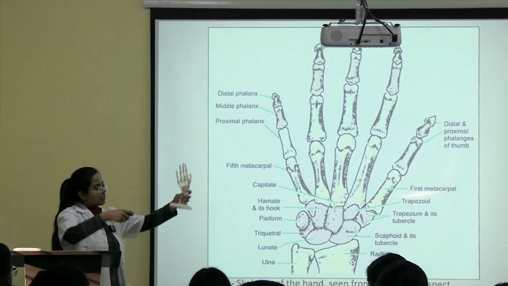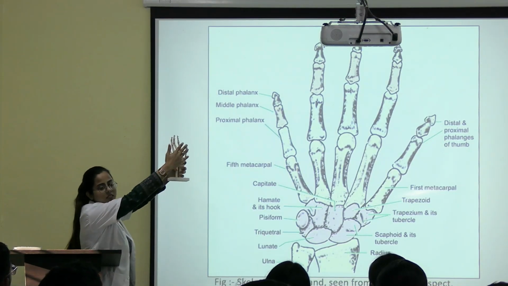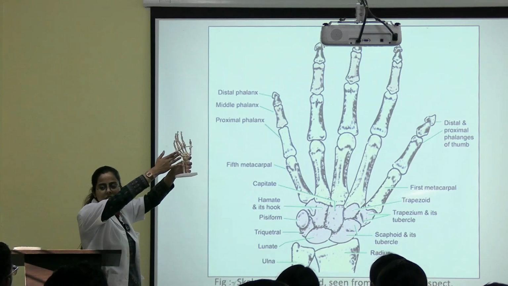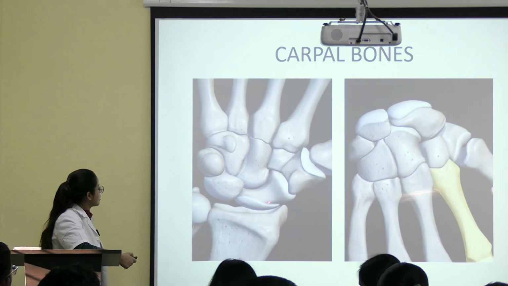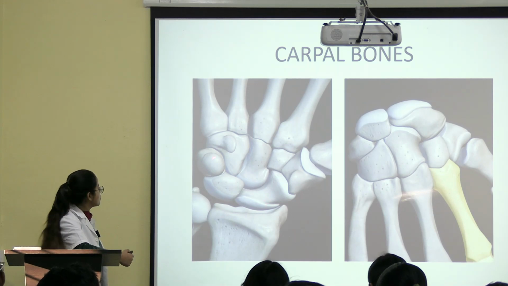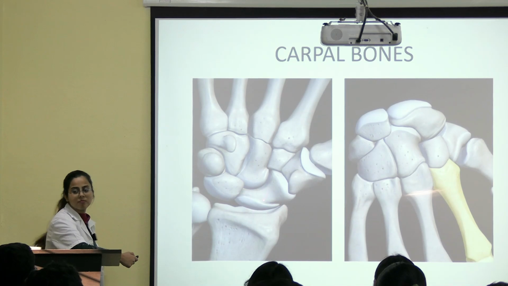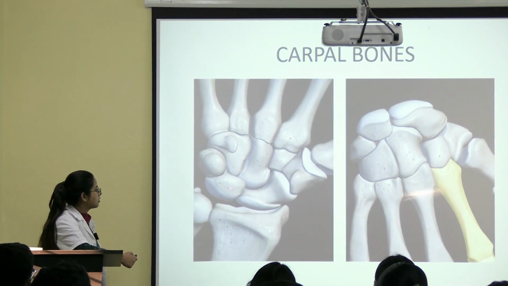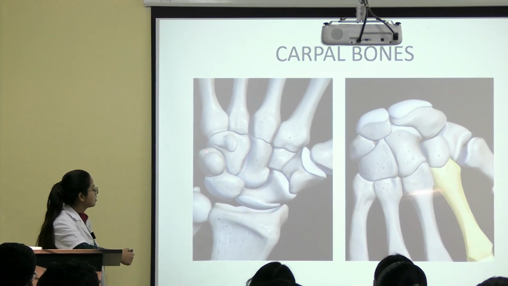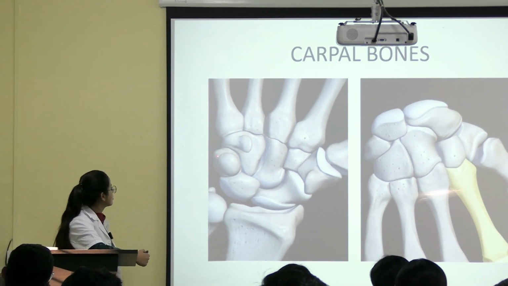Which one is the lateral side and which one is the medial side? This one, lateral. This one, medial. Here you can see, this is the proximal row.